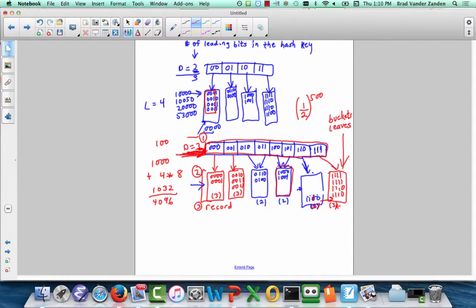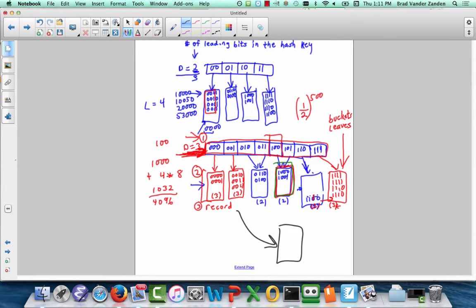So your first disk access is going to be to get one of these entries. Your second disk access will be to get the leaf, and then your third disk access is to get your record. So it actually is two disk accesses to get the address of your record, but it is three disk accesses to actually retrieve the record.